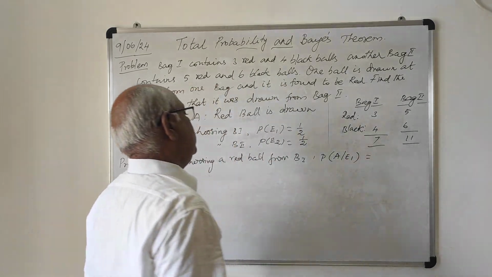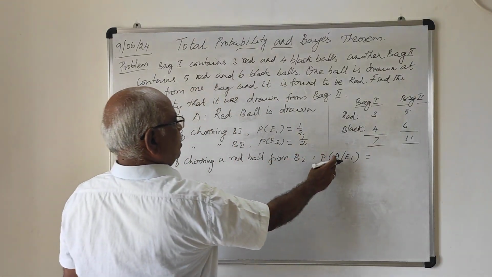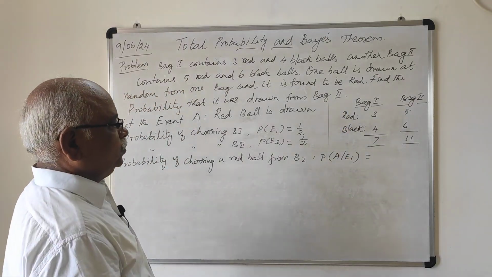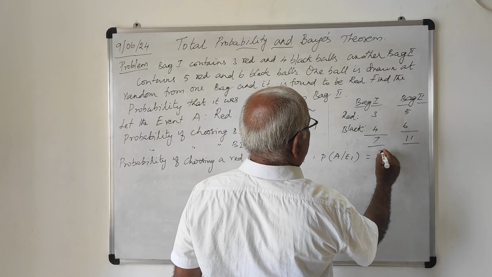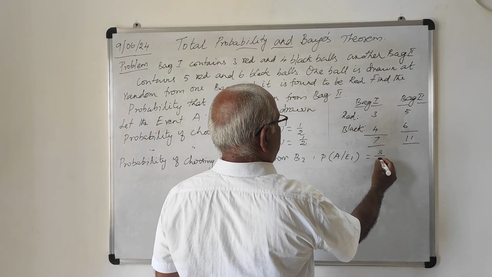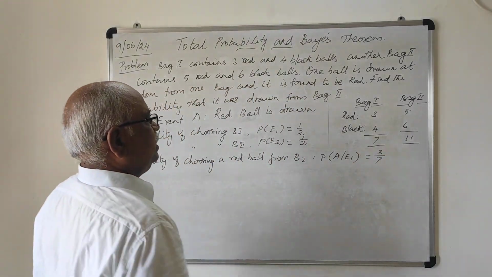How many red balls are there here? 3. Total balls 7, therefore this is 3 by 7.